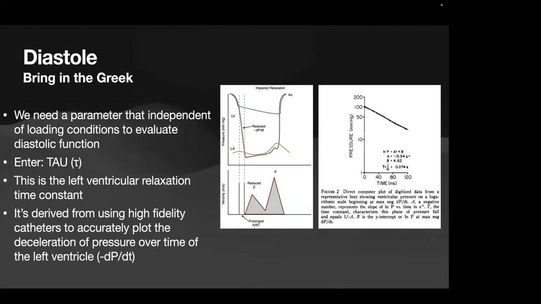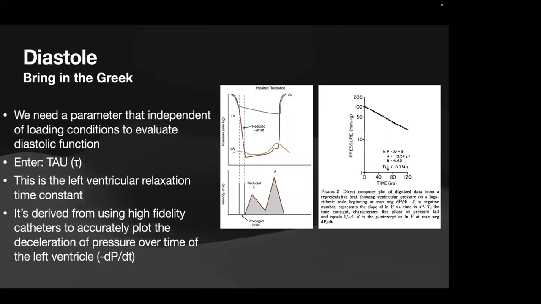Well, as we can see on the little middle picture here, there is a slope of the red line, the LV pressure changes. The slope is defined as the rate of change of pressure over time, or dP/dt.